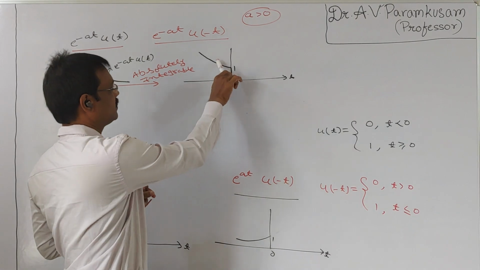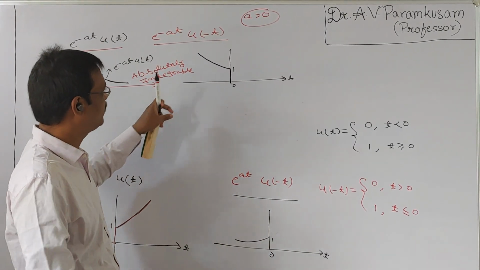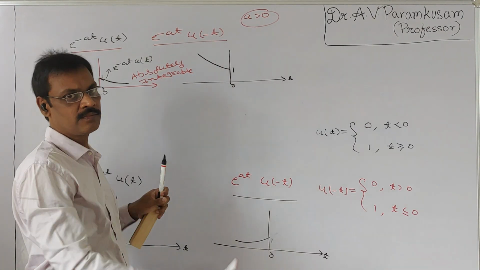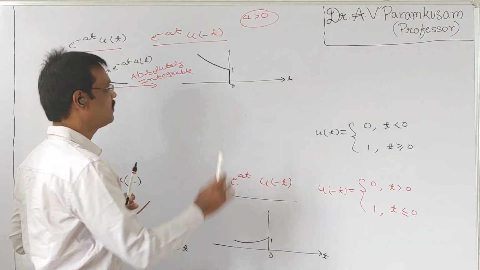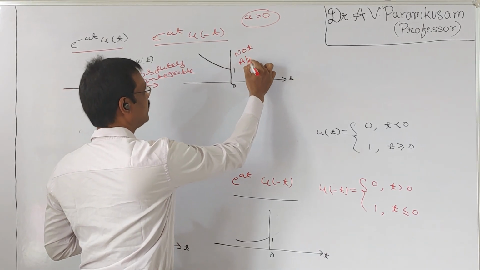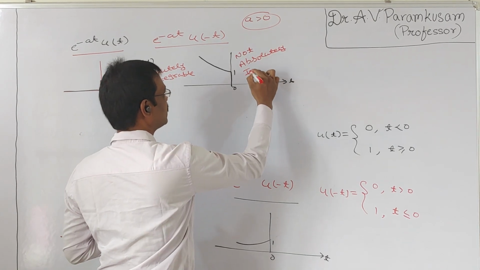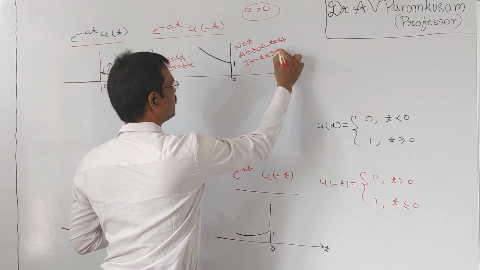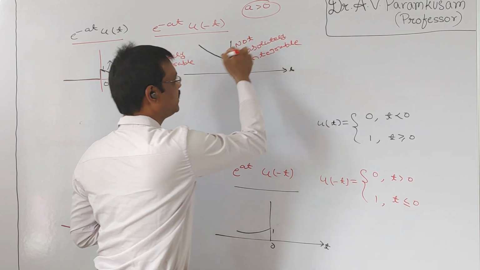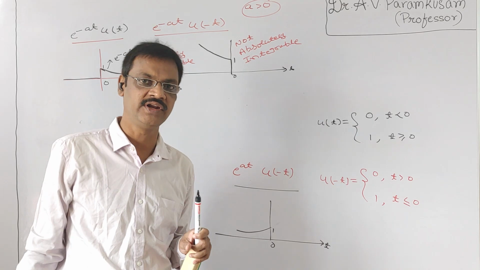Now coming to this signal. As t tends to minus infinity, this signal tends to infinity. So this is not absolutely integrable. If you integrate this signal from minus infinity to plus infinity, definitely you will get an infinite value.